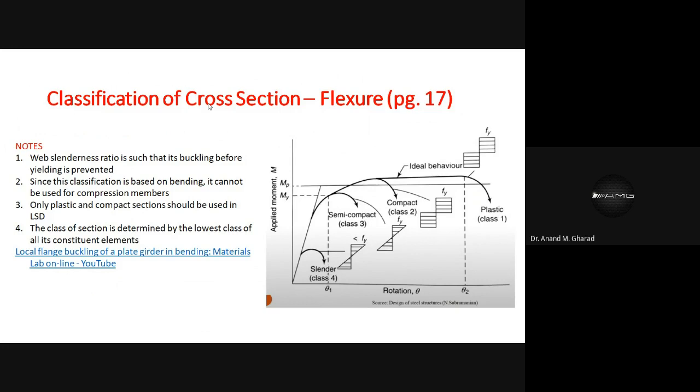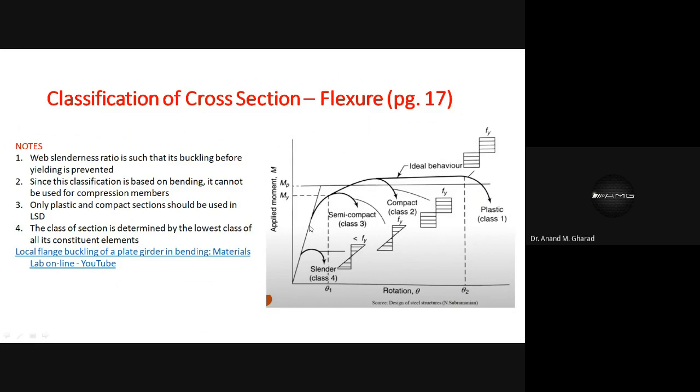In that also you may be asked, what do you understand by classification? And most of the time students repeat that it is the shapes. Actually it is not. Classification depends on the behavior of that particular cross section. So have you understood this thing?